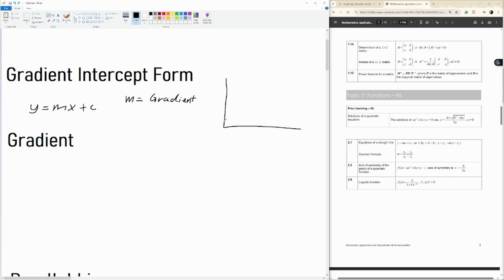If the function moves up very quickly in a short period of x, then the gradient is very big. However, if the function doesn't move up at all and is a straight line, then m is 0. And if it moves up very quickly, m is a very large number.